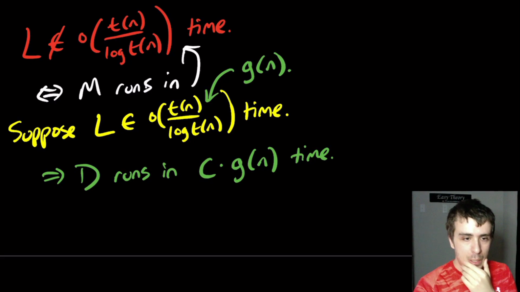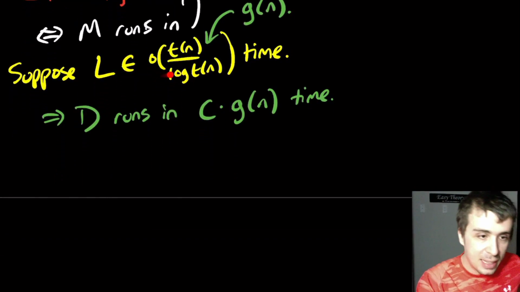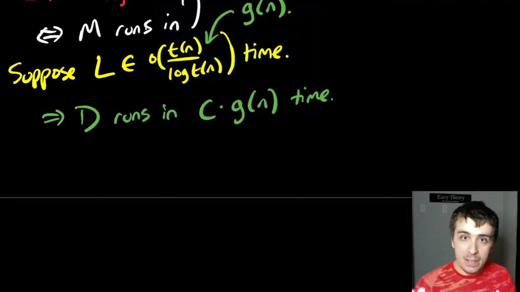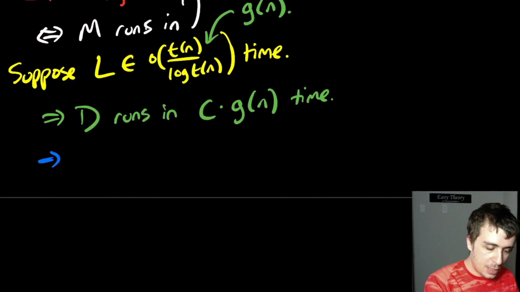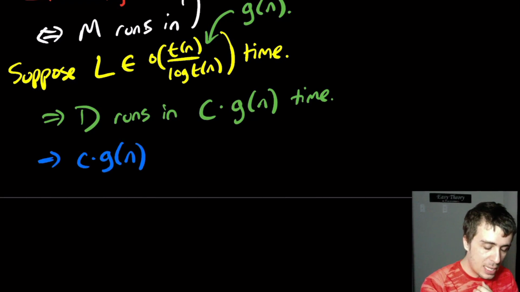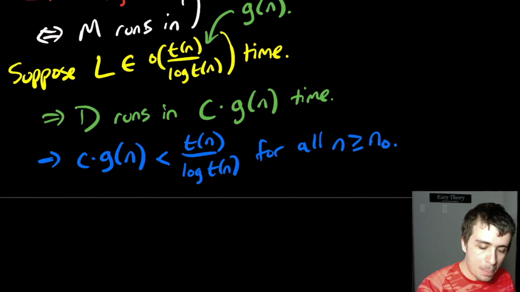Okay, so what we can infer from the fact that G of n is little o here is that at some point, by definition of little o, this value, whatever it is, is less than t of n divided by log t of n for all n at least some number n0.